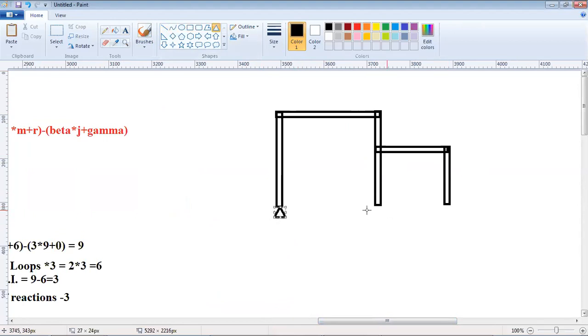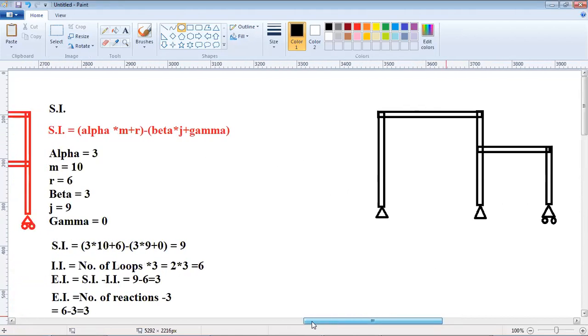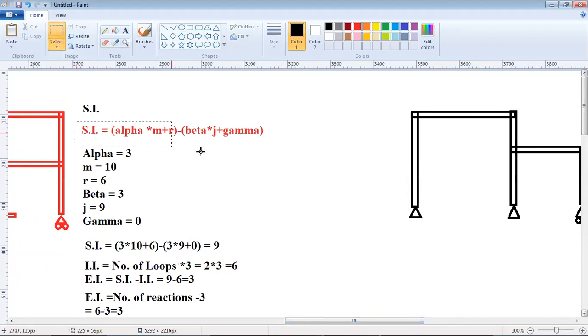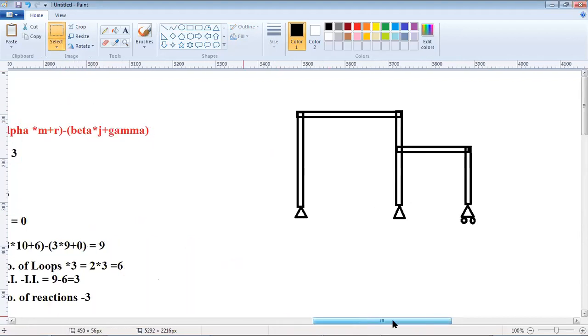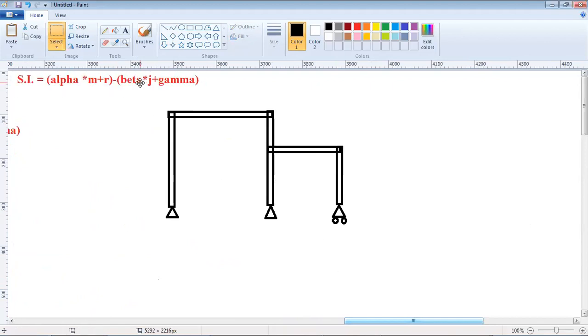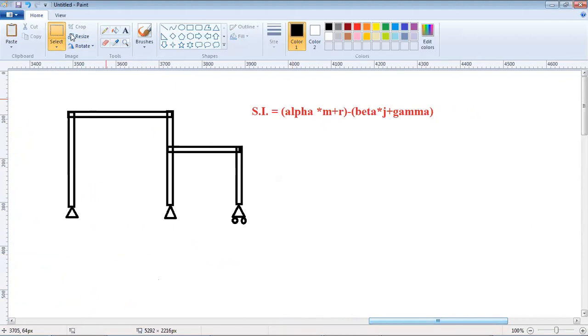It has a hinge here, hinge here, or a roller here, or a roller here. Now again using the same formula.